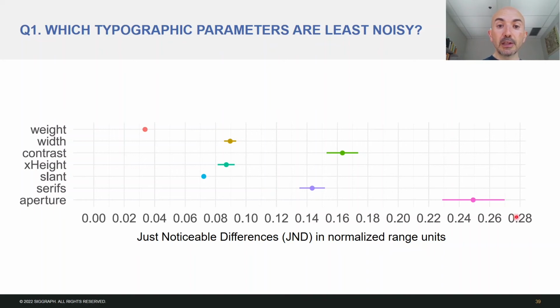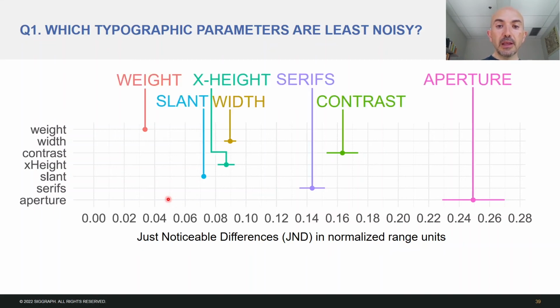So that's in the horizontal axis. And smaller JNDs here to the left are better. So you can see that weight is best, followed by slant, X height, and width, which are similar to each other, and then serifs, contrast, and aperture, which is quite clearly the worst of them all.